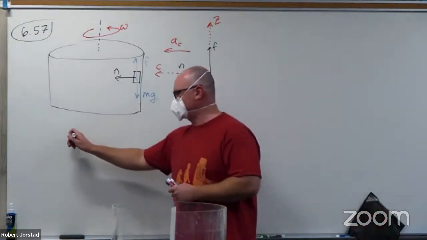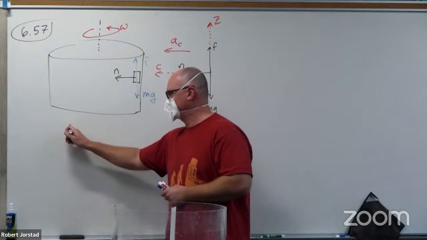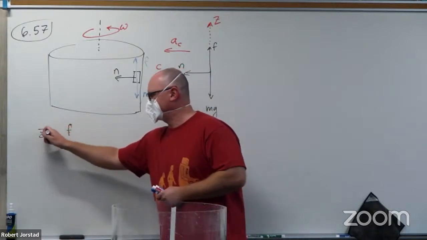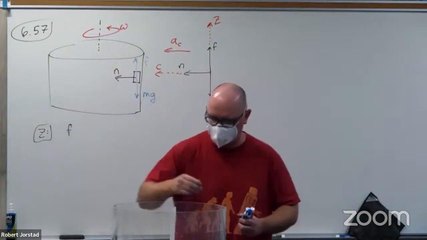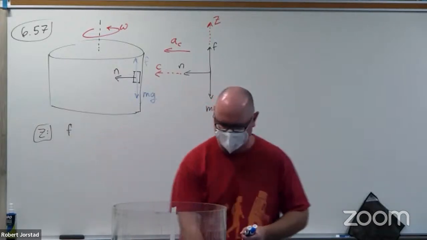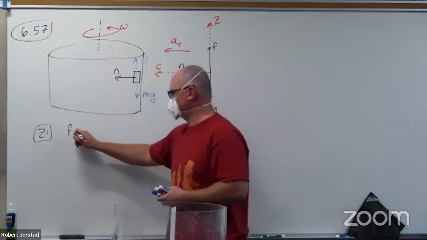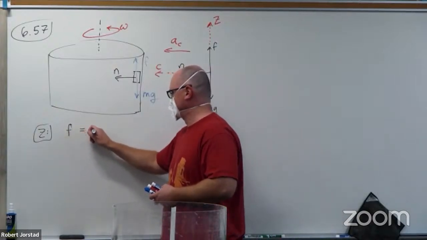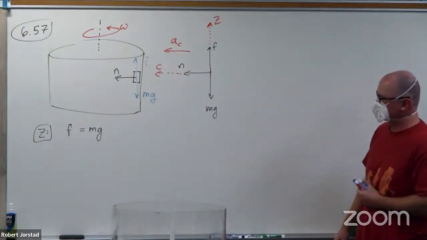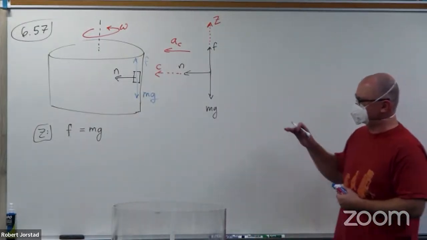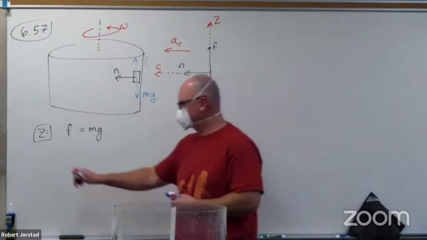F minus mg equals how much acceleration do we have up and down? Zero, right? This thing's moving around and staying right there. So do you agree F equals mg? All right. What's the force equation in the centripetal direction?